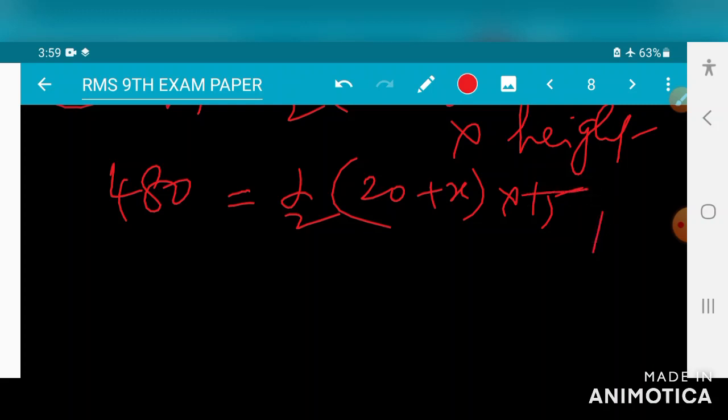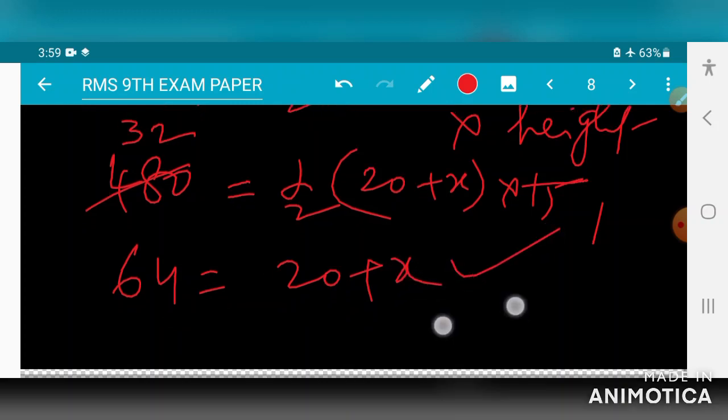15 3s are 45, and 3 is left, so 32 times. Next, 2 into 32 is 64 is equal to 20 plus x. Have you got this? Okay, good.